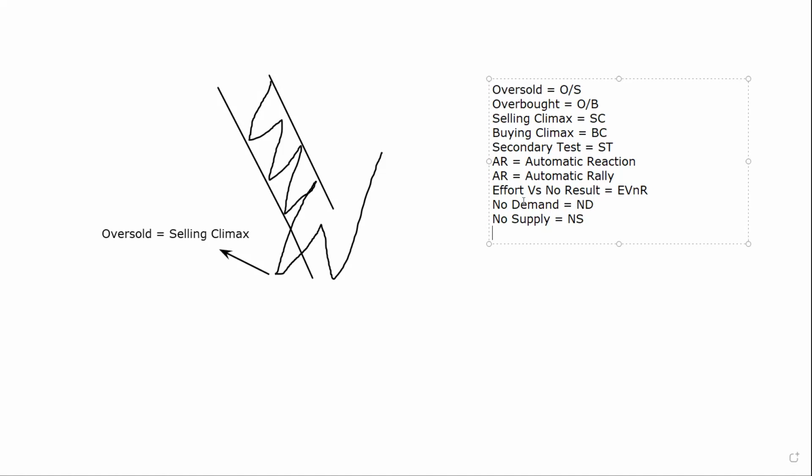Then we have jump across the creek, which is like overcoming supply, pushing through supply. When I use the term jump across the creek in simple Wyckoff terms, we will use JAC.